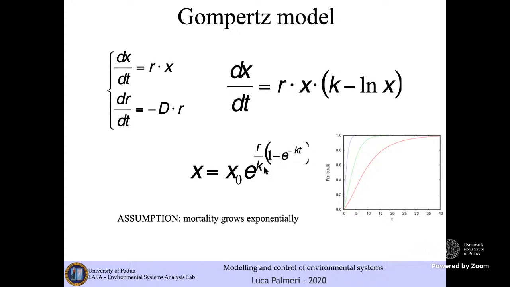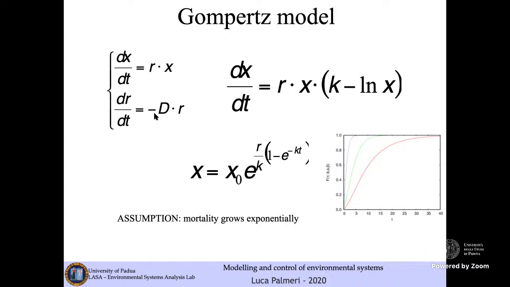Is this an exponential? It is, if you want, a sigmoidal curve in which growth is limited, but the sigmoidal curve shape is determined by the fact that you are describing mortality that grows exponentially with the population.